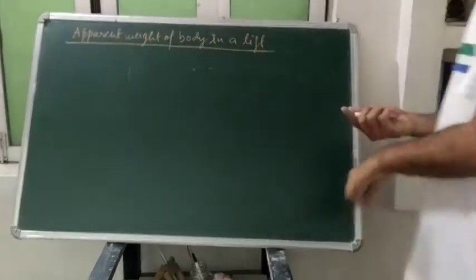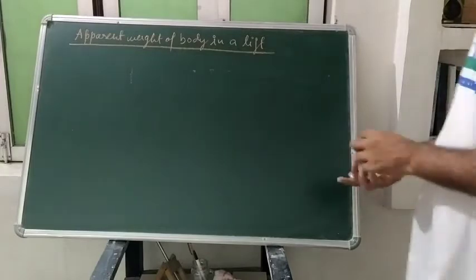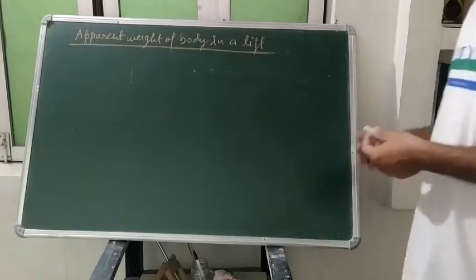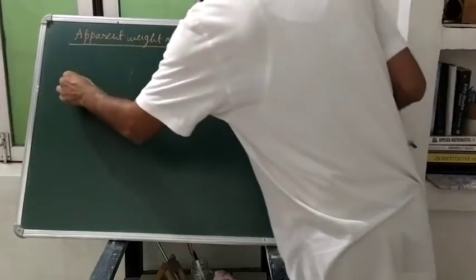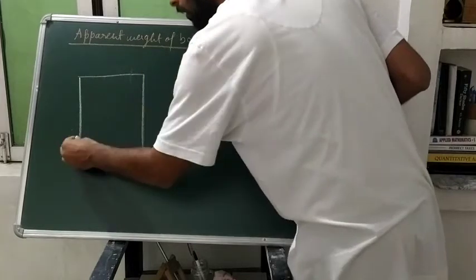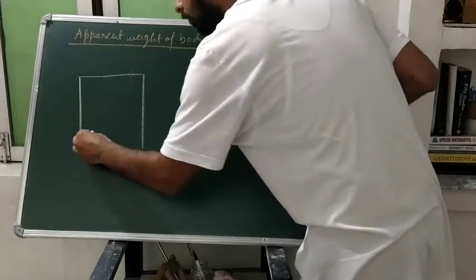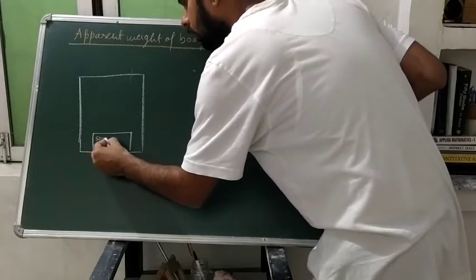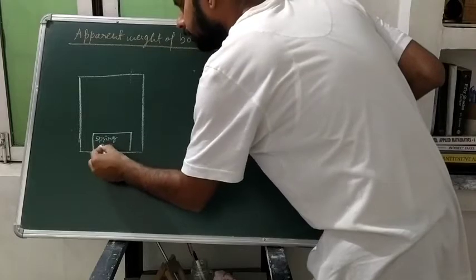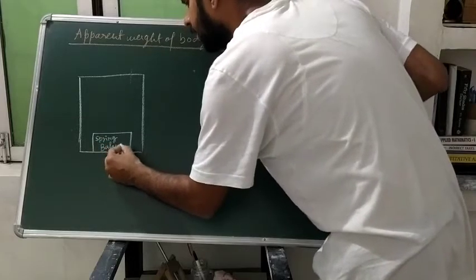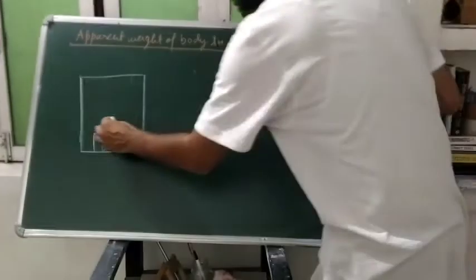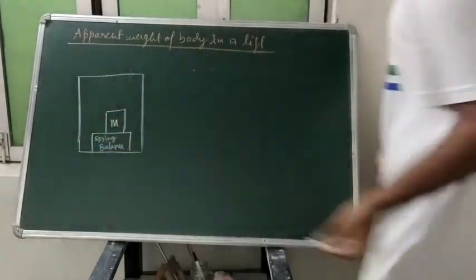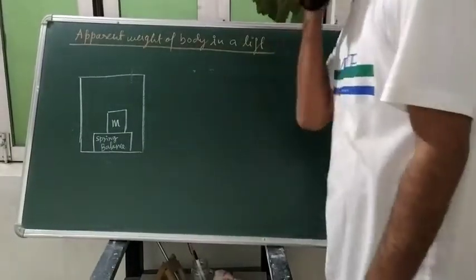So we have seen that our apparent weight is nothing but the reaction offered by the contact surface. Suppose I am assuming a lift here, and here we have a spring balance, and a block of mass m kg is put on that spring balance.